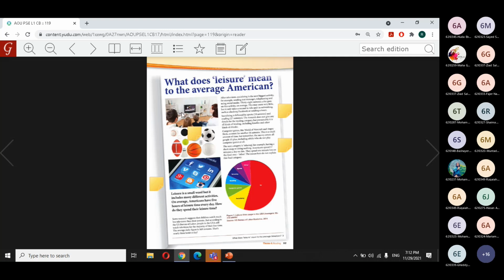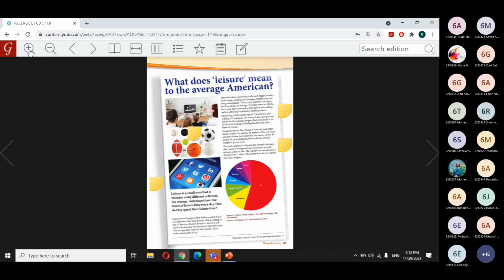If I look at the picture here, I say yes, in their free time they watch television. And if I see football, basketball and badminton, I see that they spend some of their free time on sport. If I see this mobile phone, maybe socializing or using social media, okay?